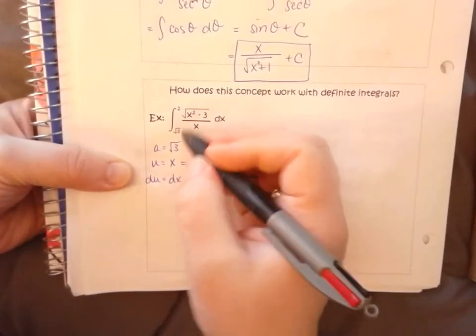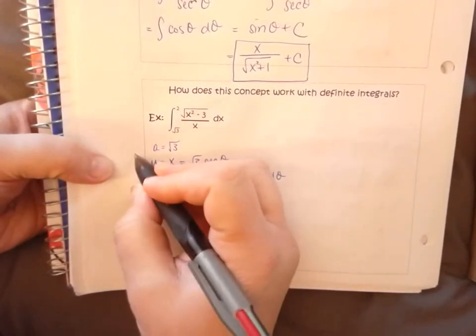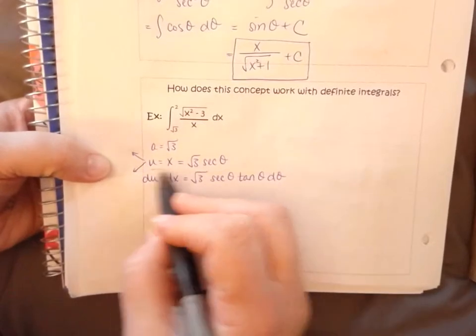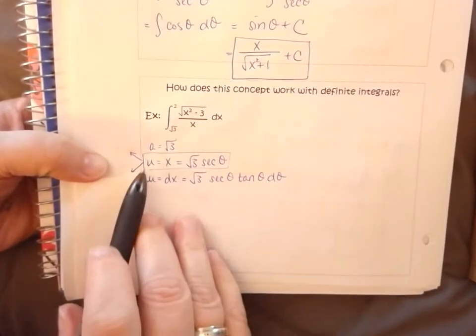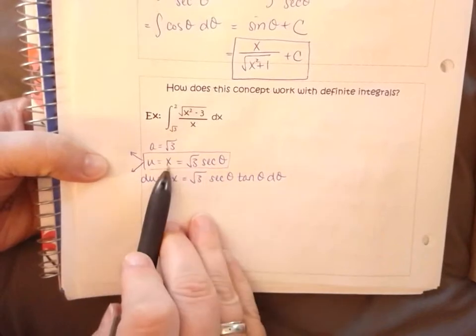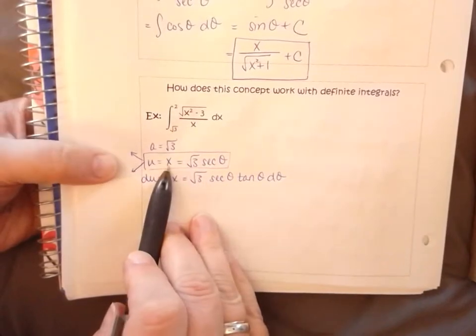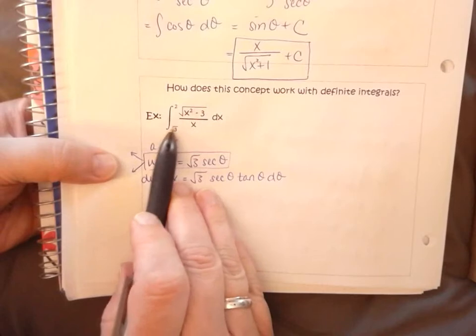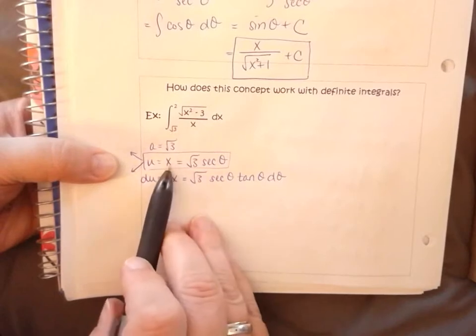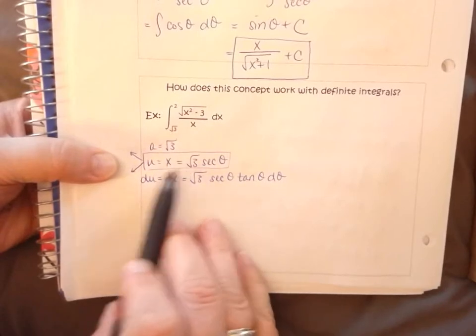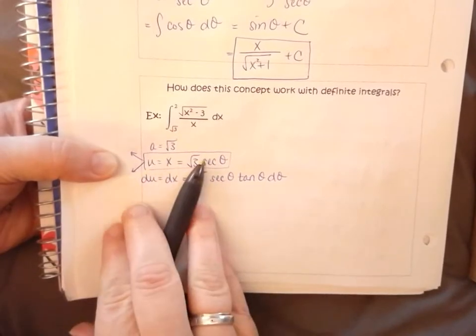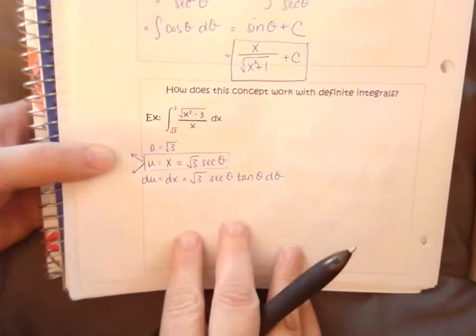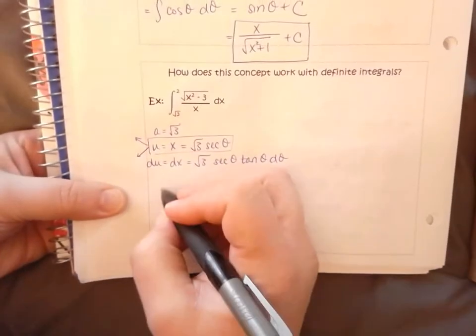I also know that when I do my u bounds, when I do my substitution bounds, I go out of this very important statement that I've mentioned before, it being the most important piece of the puzzle. If these are x values, then what happens when I plug in square root of 3 in for x over here? What do I get? We'll come back to that because I do want to focus on the actual process here of substituting out first.